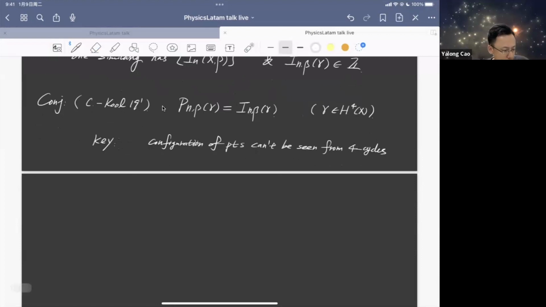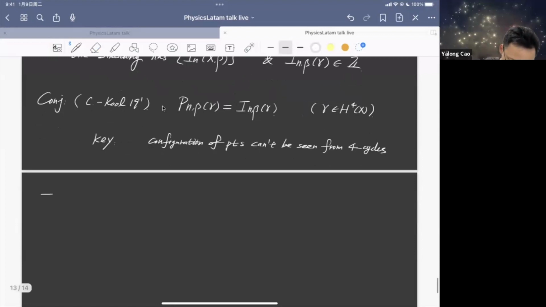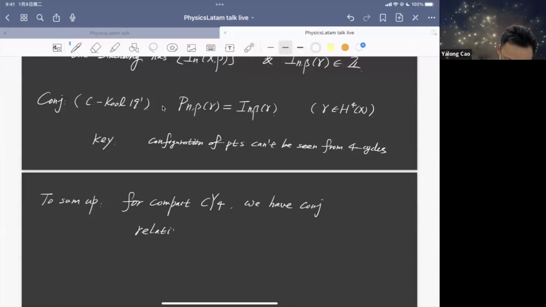To sum up, for compact Calabi-Yau fourfolds, we have conjectures relating the following several theories.